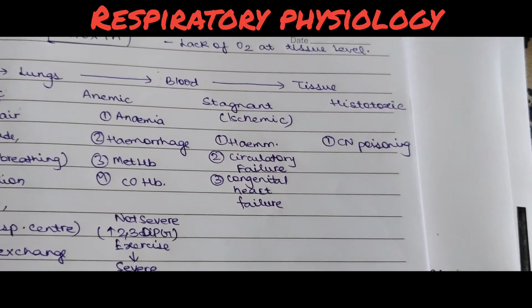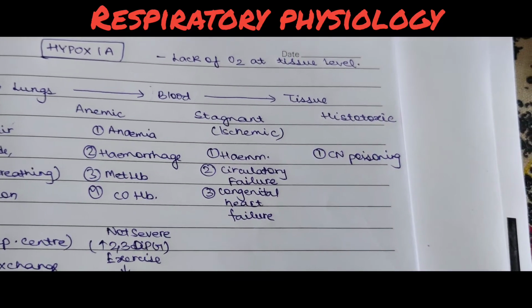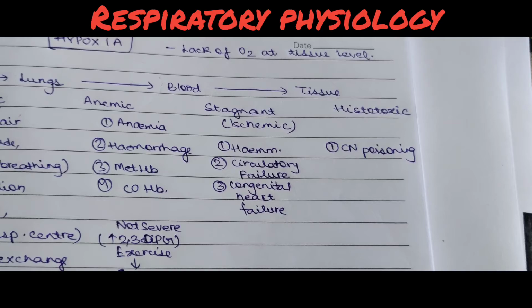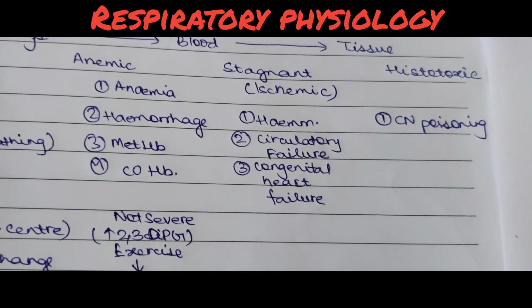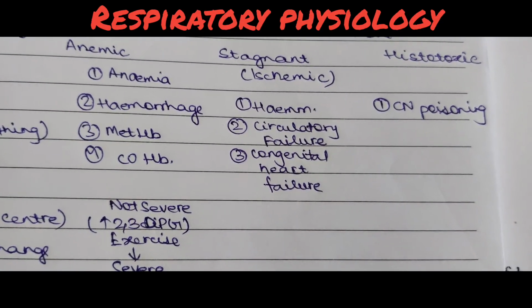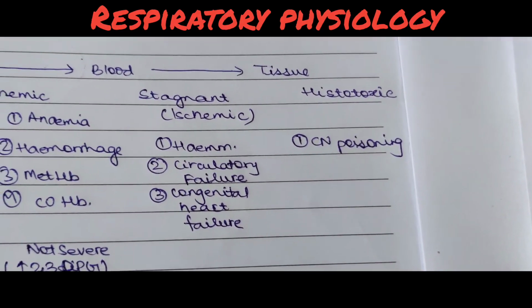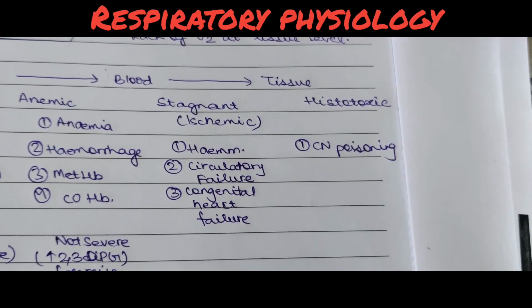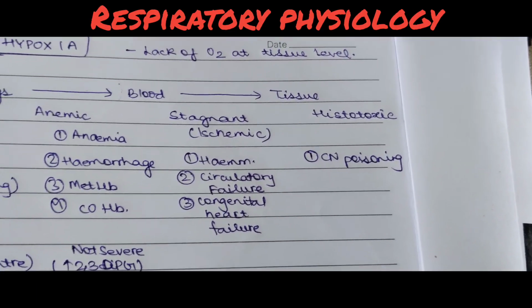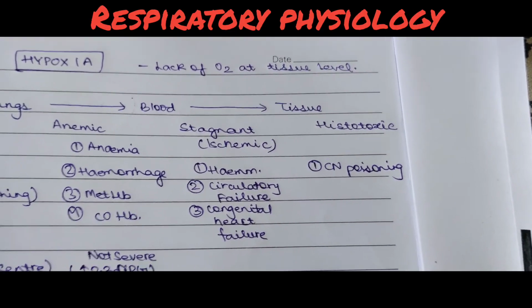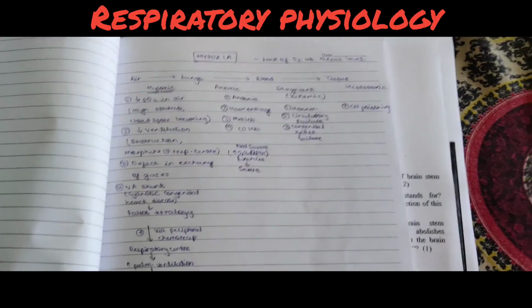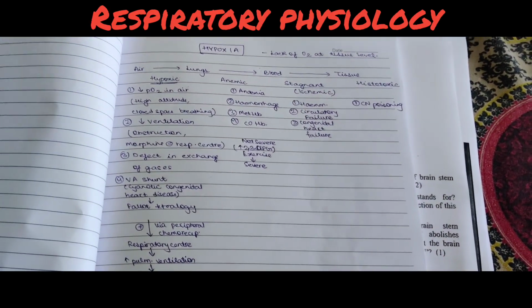If the blood is not able to transport oxygen to the tissue, it is known as stagnant or ischemic hypoxia, and the causes are hemorrhage, circulatory failure, and congestive heart failure. And if the tissue itself can't utilize the oxygen, it is known as histotoxic hypoxia, and the main cause is cyanide poisoning. So this was a major overview on the hypoxia.